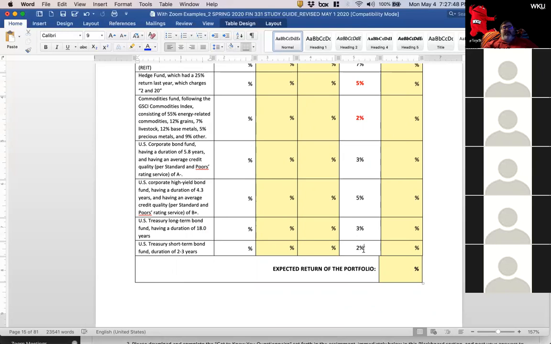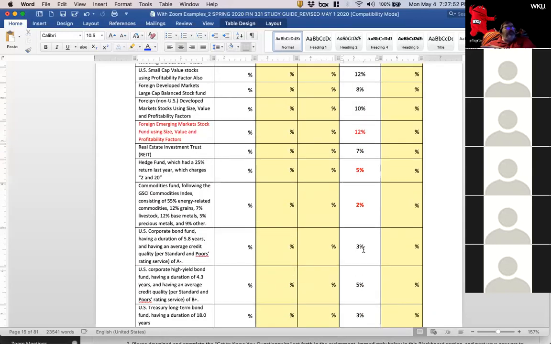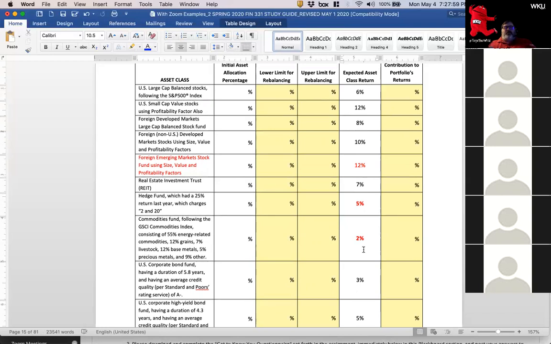We have all of the expected returns of each asset class. That's the average expected return over the next 15 years, all right, is reflected there. And we need to build this portfolio. Well, one of the things you ought to be thinking of is, does this client need real estate in their portfolio? What do you think?